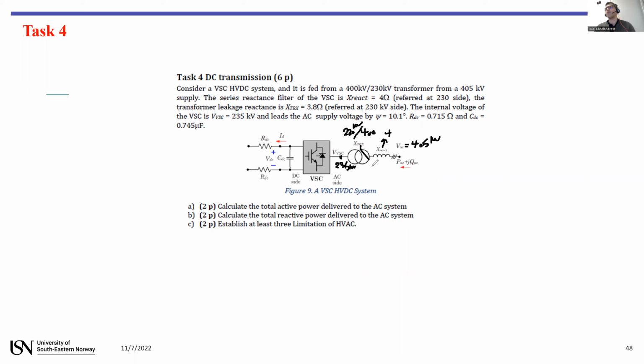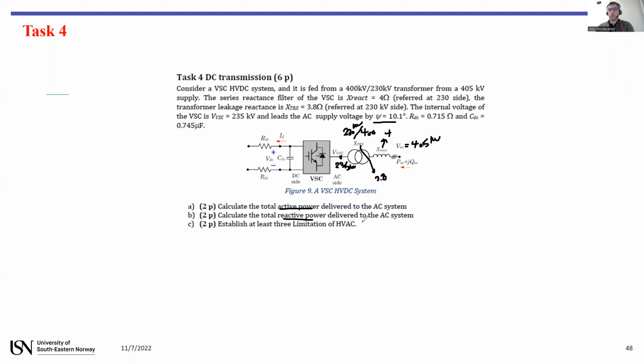The reactance of the transformer is 3.8. Okay, and the phase difference between these two voltages is approximately 10 degrees, and the task asks for the active power, reactive power, and the limitation of the HVAC. We can talk about it.